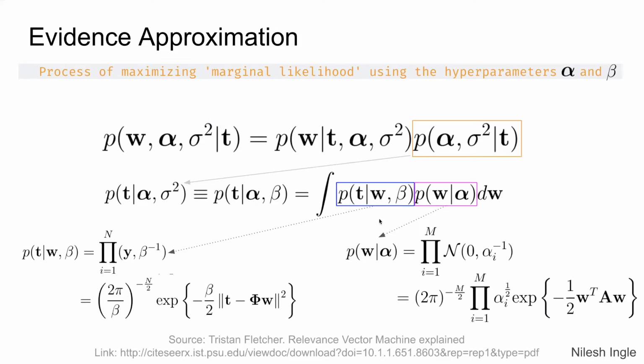So as shown in this slide, this term is calculated to this particular form, and the second term, w given alpha, is calculated to this form shown right here. And one point to note is that this is based on the zero mean Gaussian. So we have a zero right here. That's the mean, and this is based on mean that is not zero.